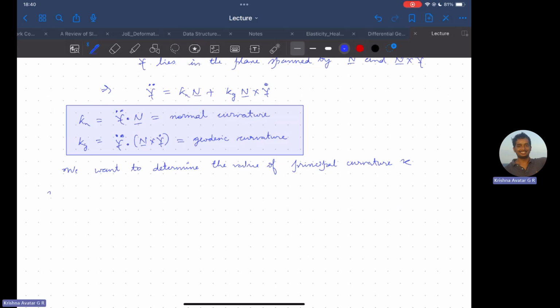We know that the norm of a vector is independent, or maybe you can call it invariant, with respect to its representation.